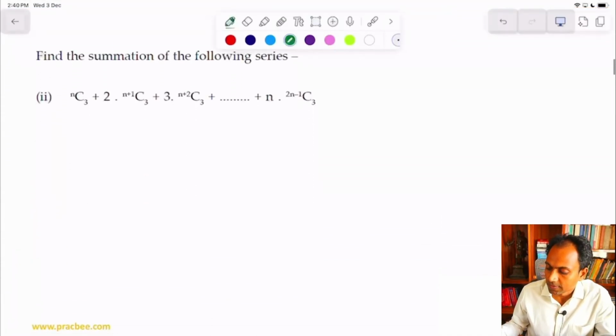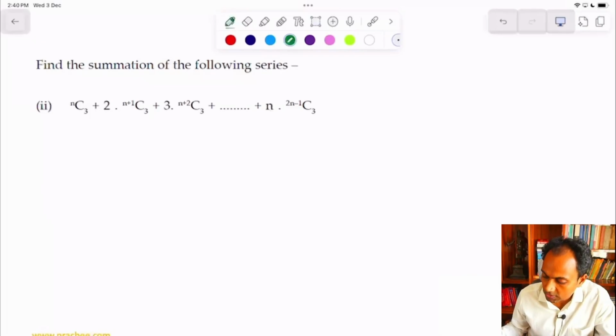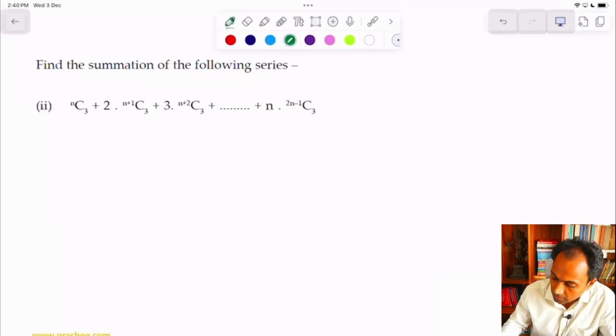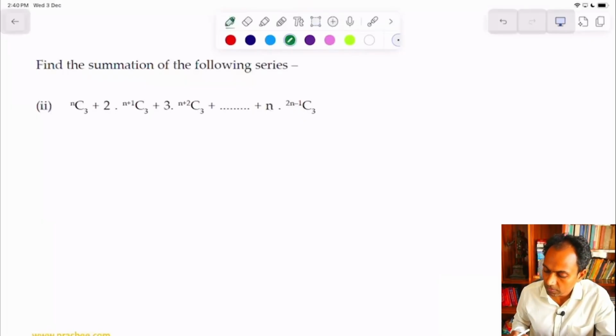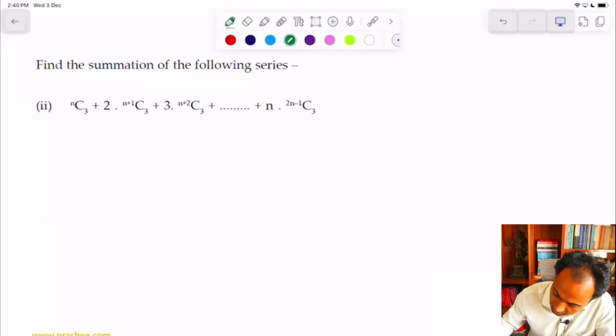Now this question is given to us. What is happening is nCr plus 2 times n plus 1Cr plus 3 times n plus 2Cr, like this it is happening. So in this question, we'll have to go back to the series part.